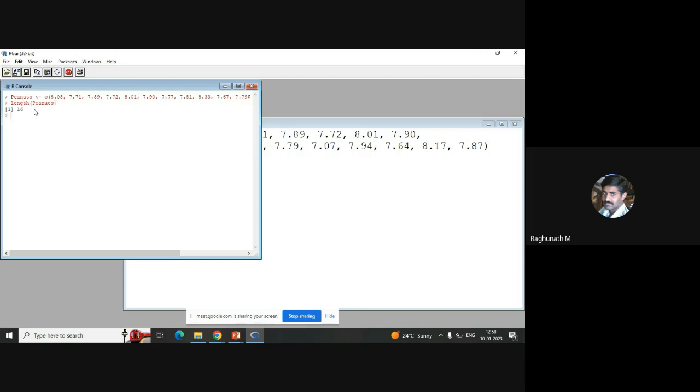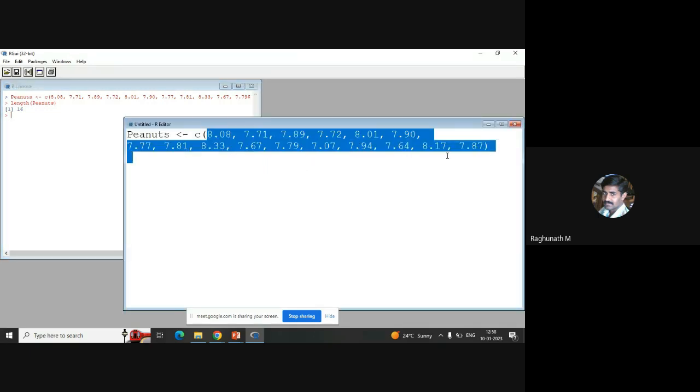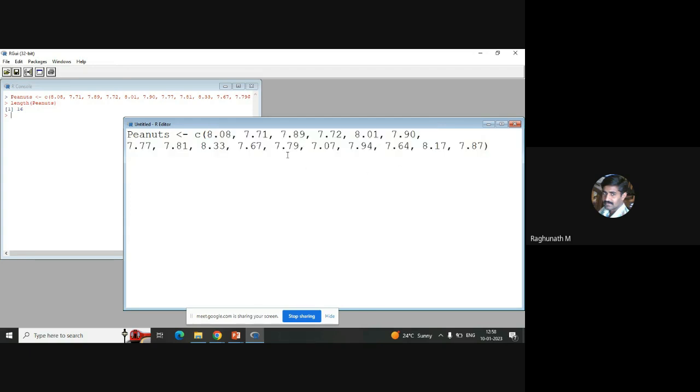So totally there are 16 observations. Now we shall test whether on average the hypothetical value is 8. That theta naught is going to be 8.